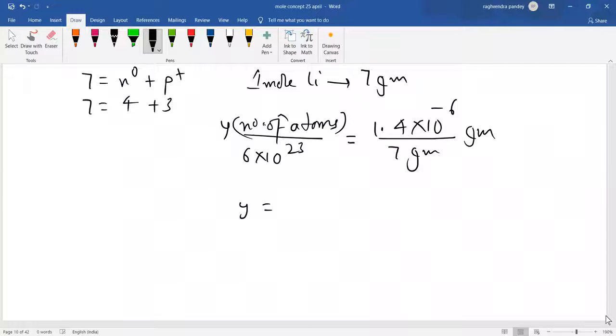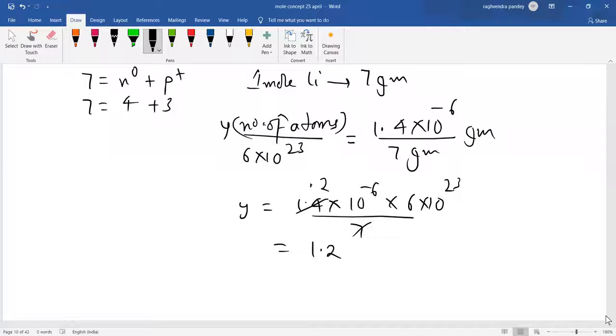So y is 1.4 into 10 power minus 6 into 6 into 10 to the power 23 divided by 7. 7 into 0.2 is 1.2, and the power is 23 minus 6, so that will become 17. So the number of lithium atoms is 1.2 into 10 to the power 17.